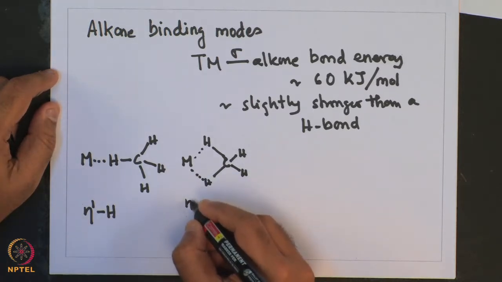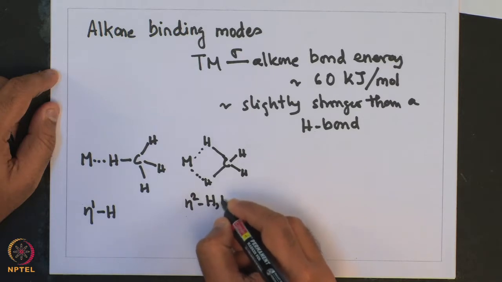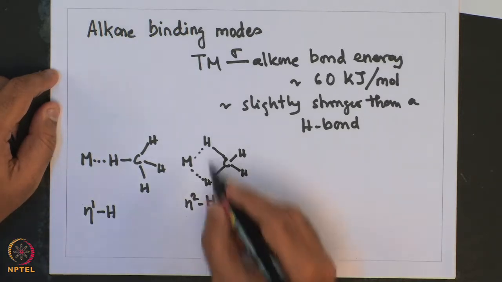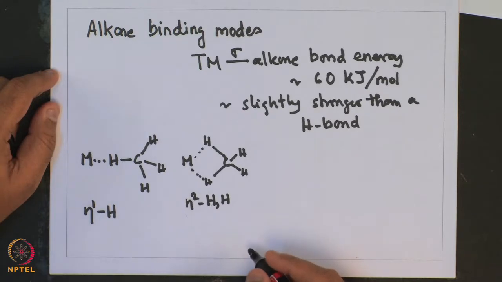This is defined as eta 2 H H, because 2 different hydrogens are involved.